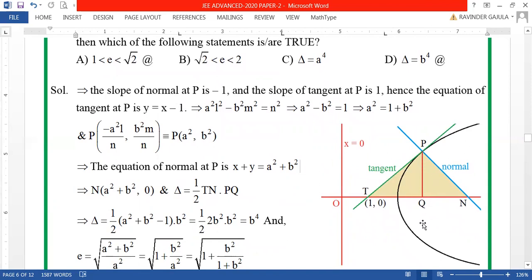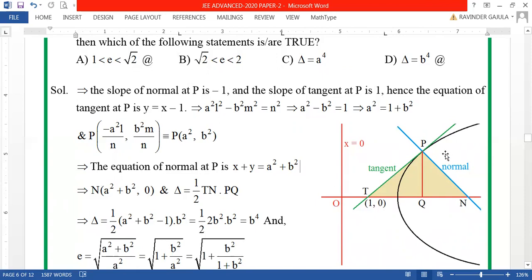This is a branch of the hyperbola, with a point in the first quadrant. This is the normal making equal intercepts, meaning with slope minus 1. The green one is the tangent passing through the point (1, 0) on the x-axis. Hence the equation of the tangent can be taken like this, and the equation of the normal through P can be taken as x plus y equals a square plus b square.